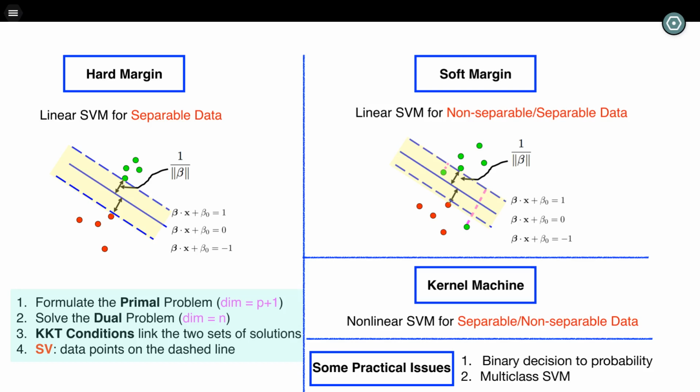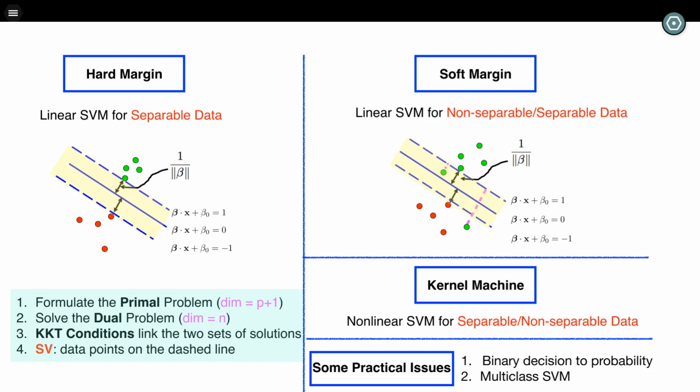But then we actually solve a dual problem where we solve Lagrange multipliers, lambda 1 through lambda n, at dimension n. So you're going to find out that if you are working with a data set with only 2 features, but you have 4 million observations, your computer is going to crash if you want to use SVM, because the computation cost for SVM is in terms of sample size, not in terms of the original dimension p.